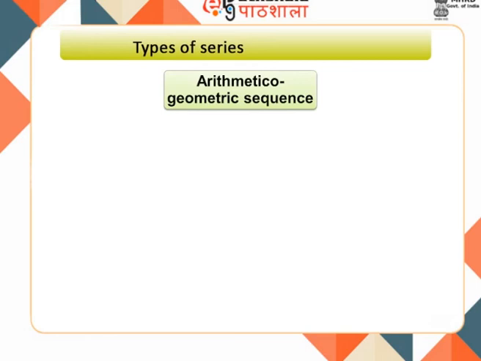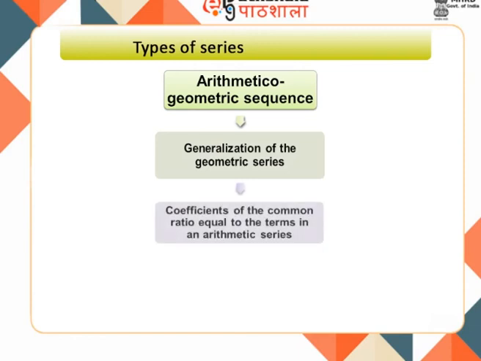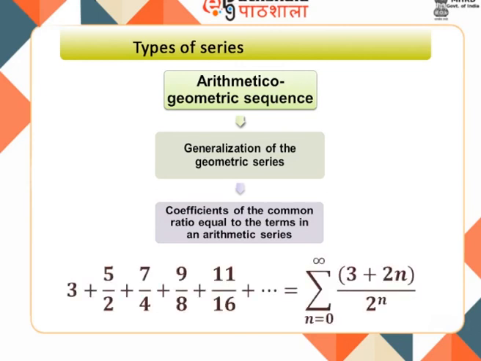An arithmetico-geometric series is a generalization of the geometric series which has coefficients of the common ratio equal to the terms in an arithmetic series. For example, 3 + 5/2 + 7/4 + 9/8 + 11/16 + and so on is the summation of (3 + 2n)/2^n, where n goes from 0 to infinity.